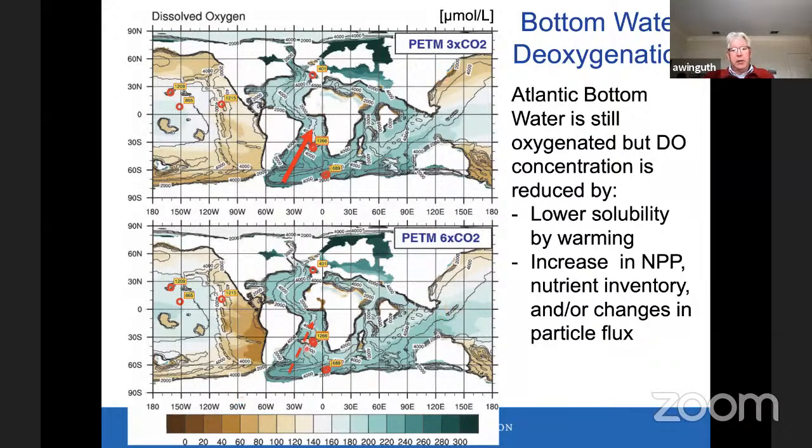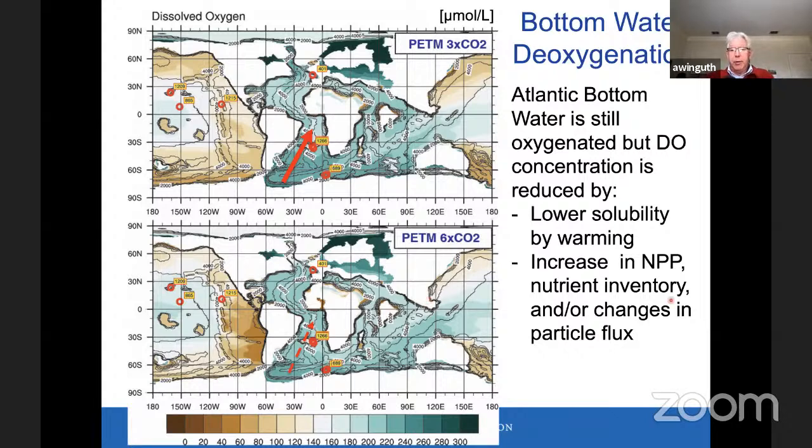So in general, the records indicate that we don't have anoxia during the PTM, and that's supported here by the simulation, but here shown are the changes in terms of the ventilation strength, and we see actually lower oxygen concentration in the Atlantic and the South Atlantic compared to the pre-PTM condition. We're seeing also increased deoxygenation in the Pacific. So this is consistent with a previous analysis we have done with Andy Ridgwell comparing the CCSM3 simulation with the Genie circulation.